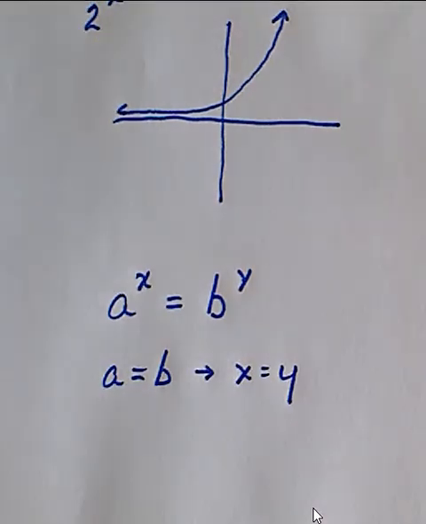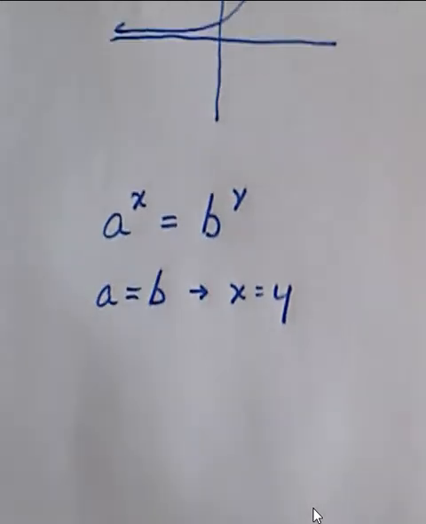So what we're going to try to do in these examples is make situations where we force the bottom numbers to be the same, so that we can set the exponents equal and solve. You'll see that, and there's a number of different ways we can do that.